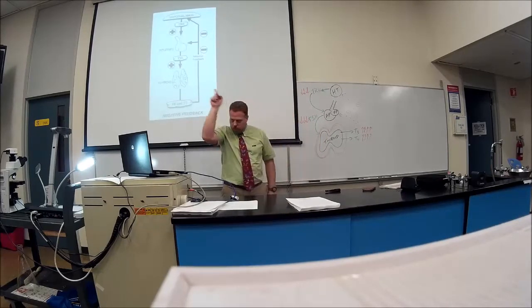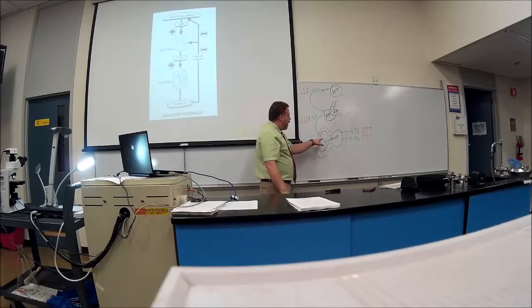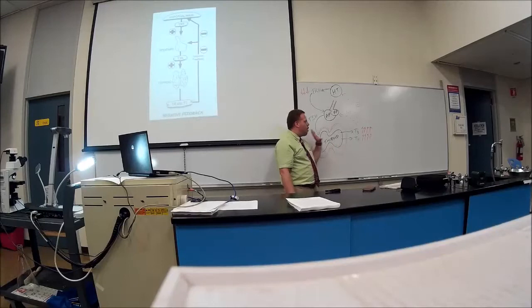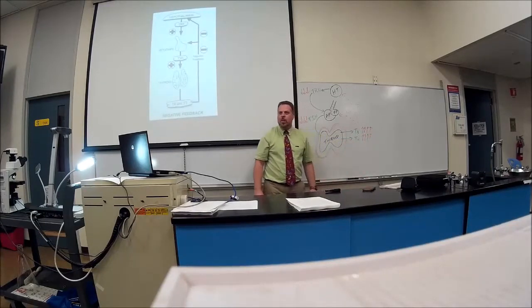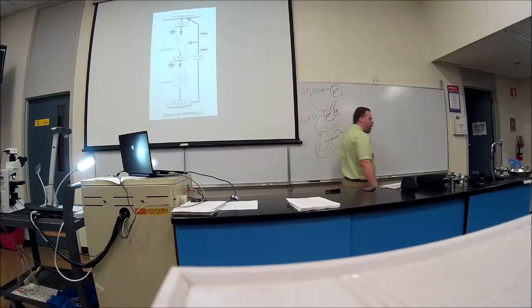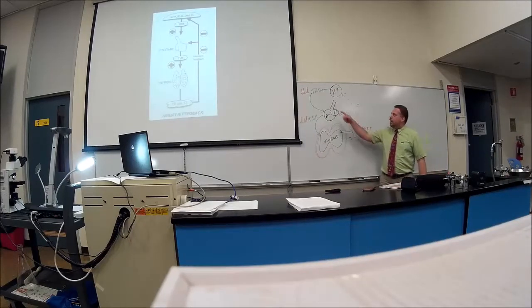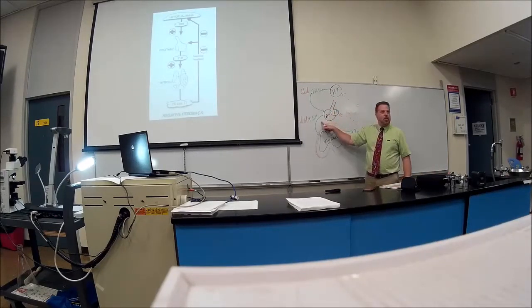But is it going to tell the thyroid to decrease? This is where the cancer is. It doesn't listen to anything. It's going to pour out a lot of T3 and T4. It's going to keep on going up and up and up, despite the low levels of TSH and TRH. You see what's going on here?